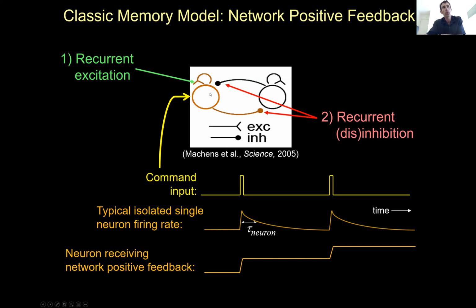And when this is tuned properly, this feedback can exactly offset the natural leak in the neurons so that activity can be maintained as the feedback is canceling the leak. And if a new input comes in, the input can again drive the neuron to increase its firing rate and hold that increased firing rate. So this is an analog form of persistent activity in the absence of input.